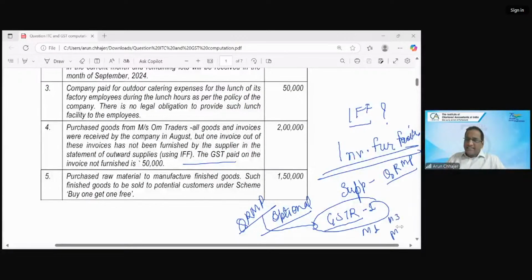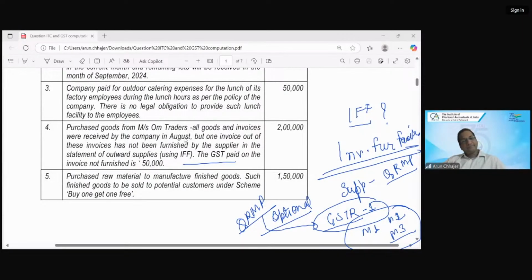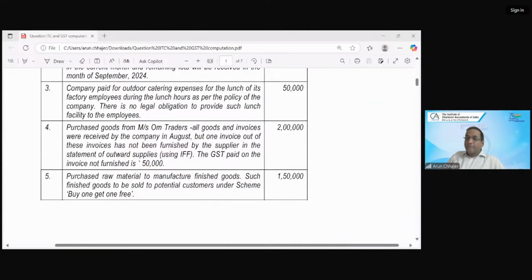Can he file 3 GSTR1? अगर वो चाहे तो क्या वो फाइल कर सकता है GSTR1 M1 के लिए और M2 के लिए? नहीं. Answer is no.